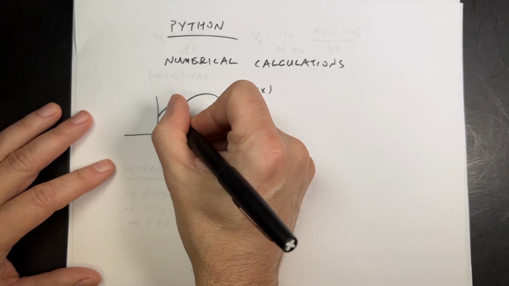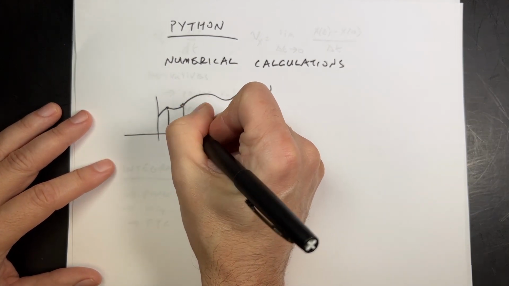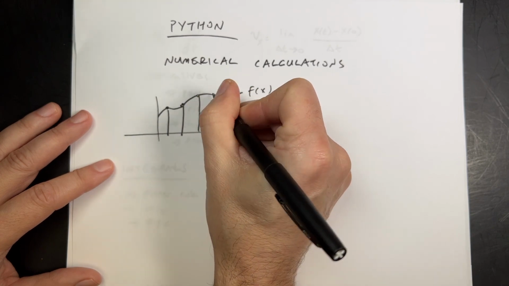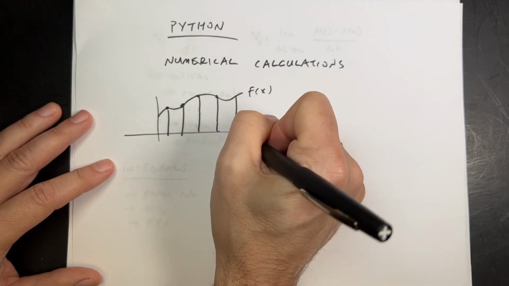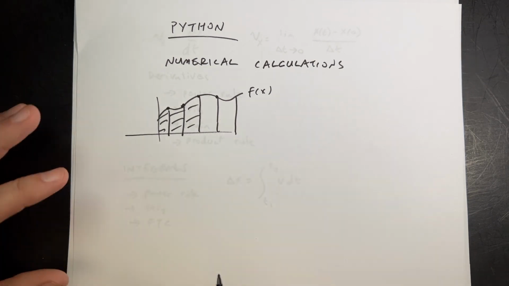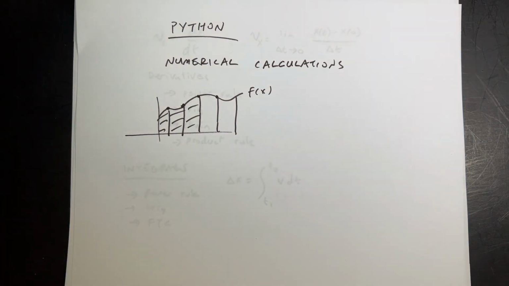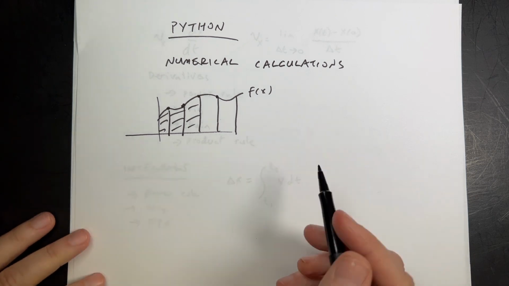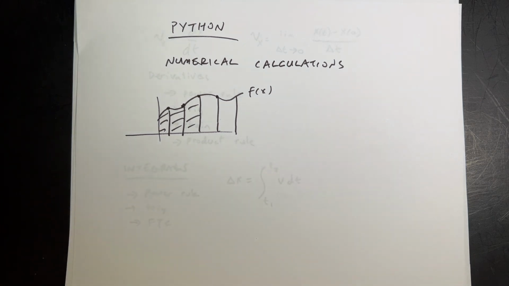What we're going to do is break this into a finite number of pieces and make some approximations, and then just find the area of this, area of this, area of this, and add them all up. So you take a complicated problem and break it into a bunch of smaller, easier problems, and that's why we use Python. Because if I break this into 100 pieces, you don't want to do 100 calculations. Although you could, and it has been done before. And so that's how I'm going to show you how to do it with Python.